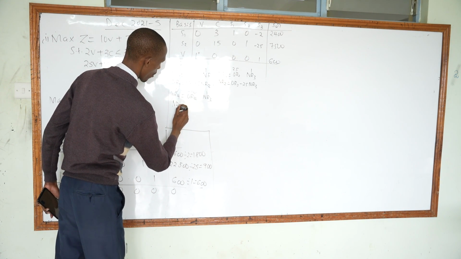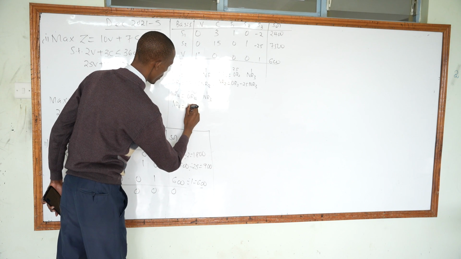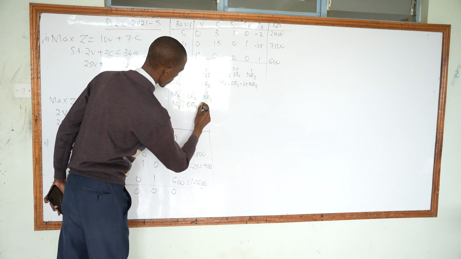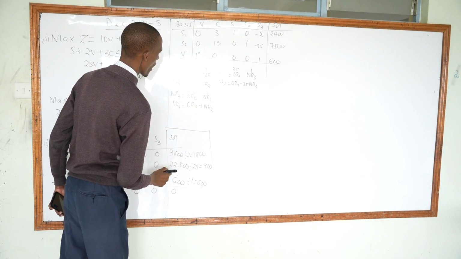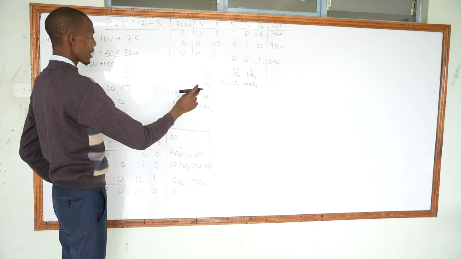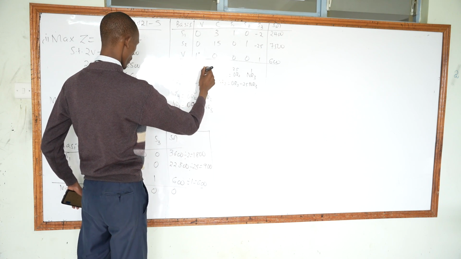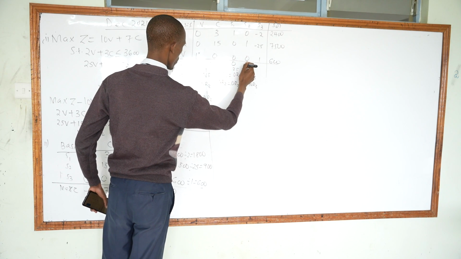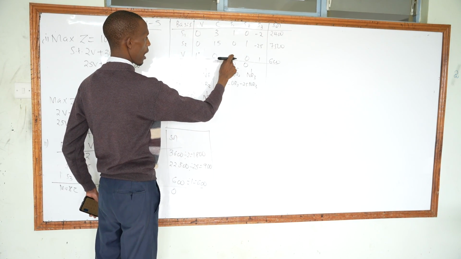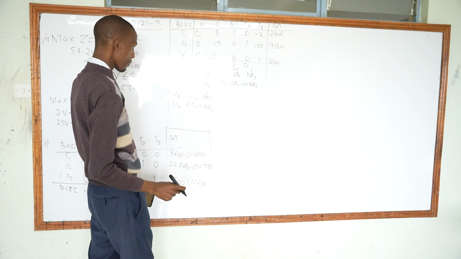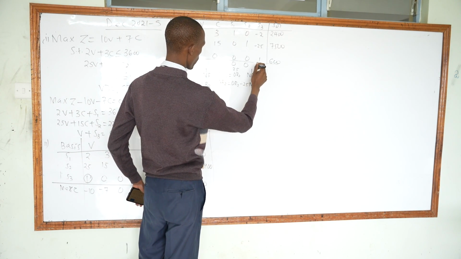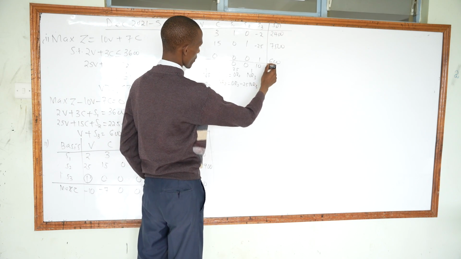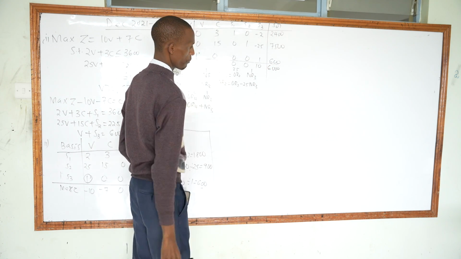So we say new row 4 equals old row 4 plus new row 3. So we add negative 10 plus 10 in bracket 1 is 0. So this one will be negative 7, 0, 0. Why are they remaining? Because these are 0, they remain. 0 plus 10 in bracket 1 is 10. 0 plus 10 in bracket 600 is 6,000.